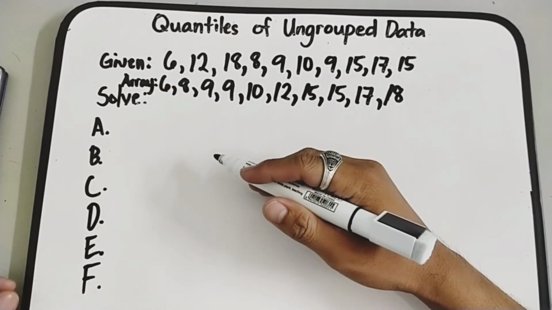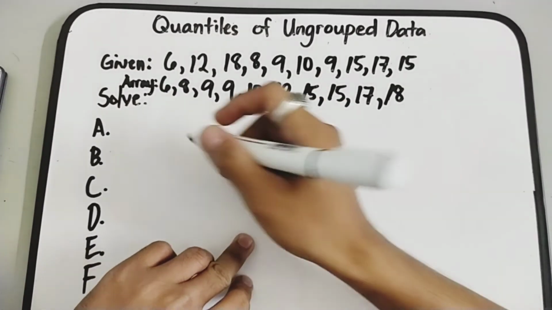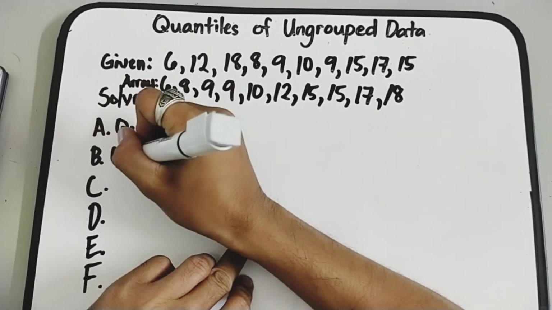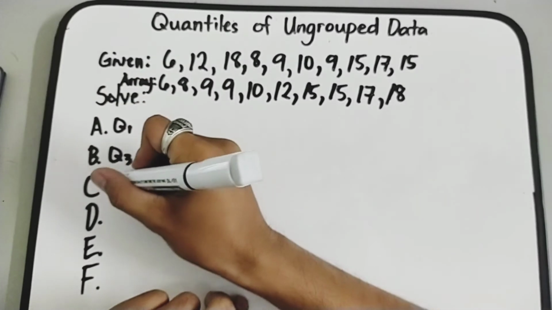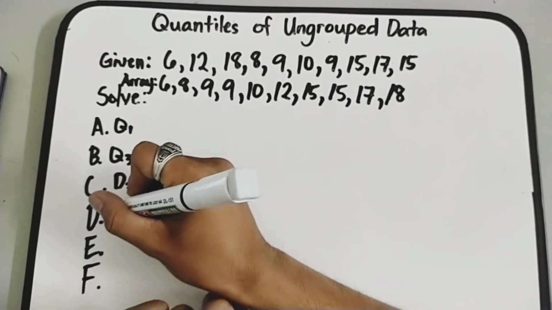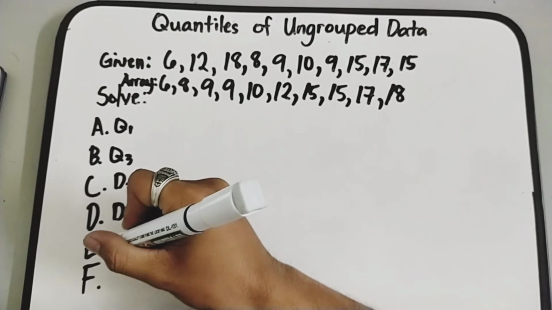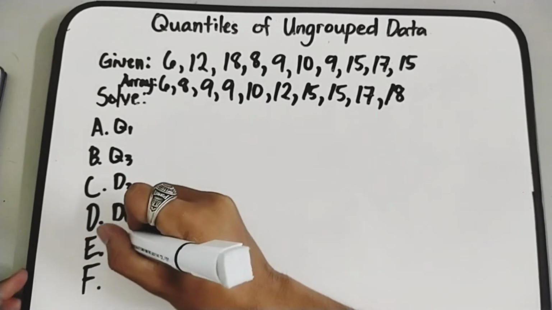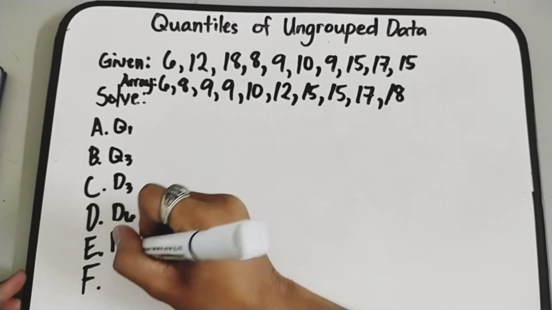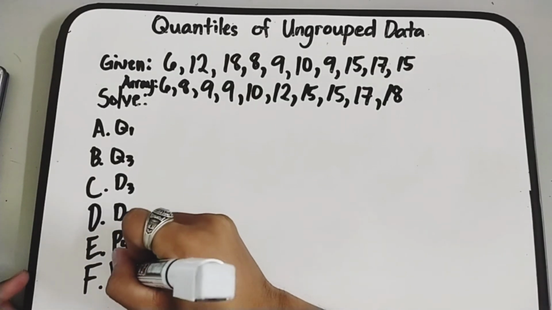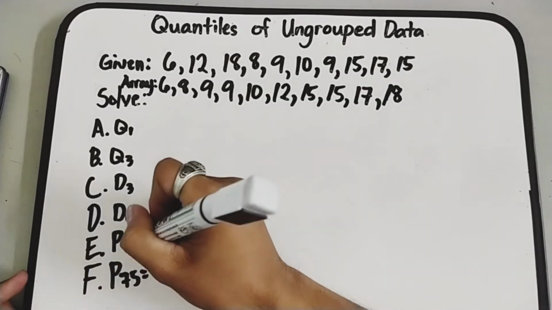Sabi nung ating data, we have to find the values of, again, quartile 1, quartile 3, decile 3, decile 6, and then percentile 45, and last is yung percentile 75. Hanapin daw natin itong mga to.